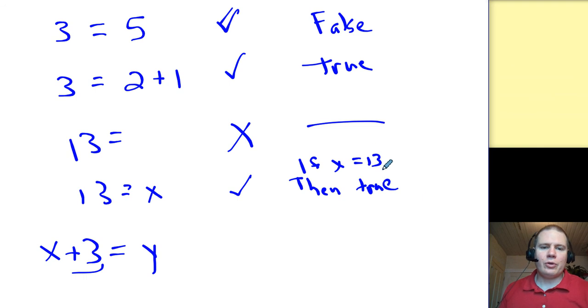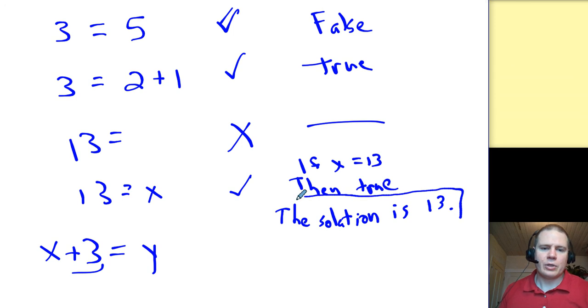So the value of my variable that makes this true is 13. So you would say the solution is 13. The value of x, which is my variable for this equation, that's going to make this equation true is 13. If x is 4, then it's false. 13 is not equal to 4.